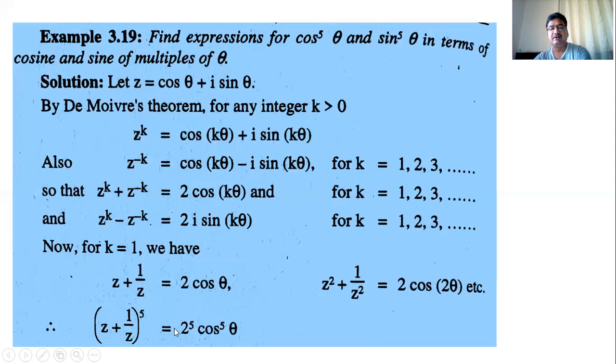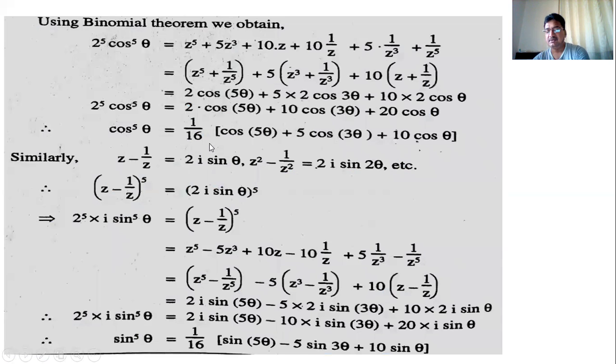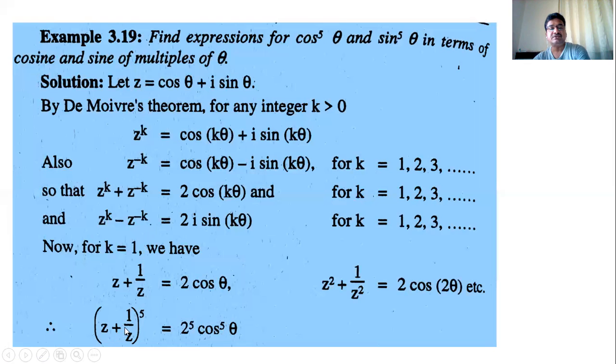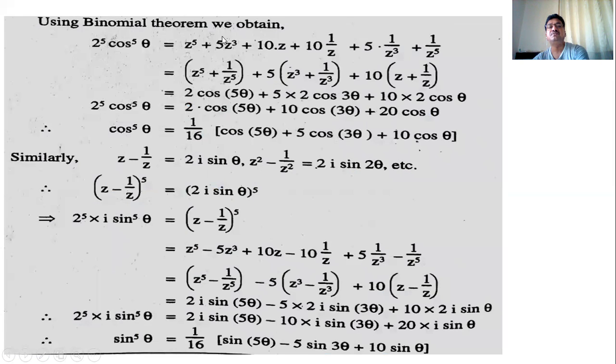So change the sides. Write 2 raised to 5 cos raised to 5 theta as LHS, and expand z plus 1 by z raised to 5 by using the binomial theorem, x plus y raised to 5. We have 6 terms. The first term is z raised to 5. The next term is 5C1, which is 5, z raised to 4 into 1 by z, that is z cube.